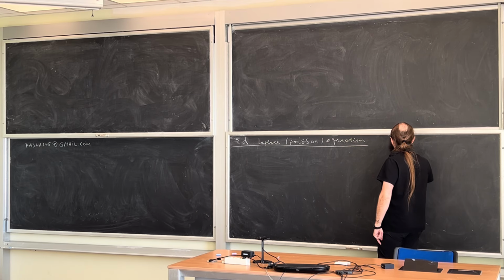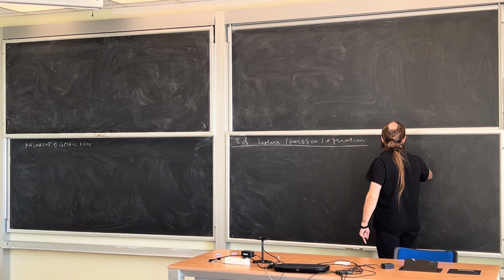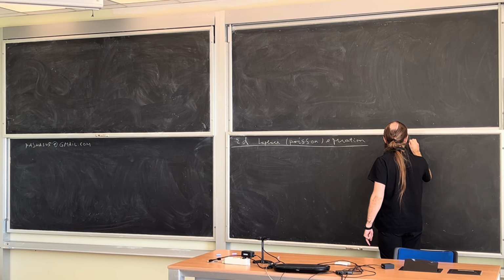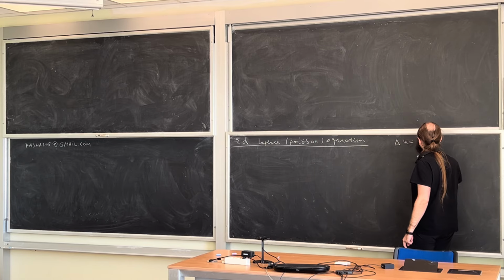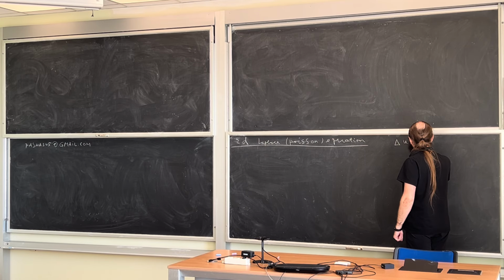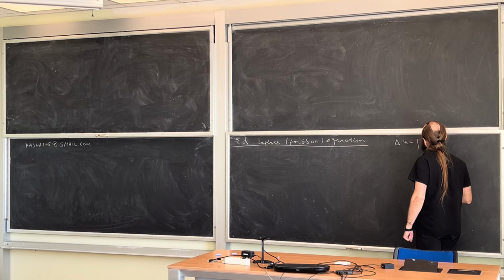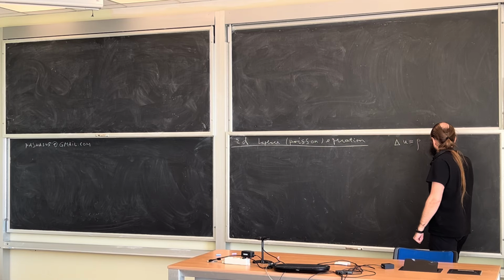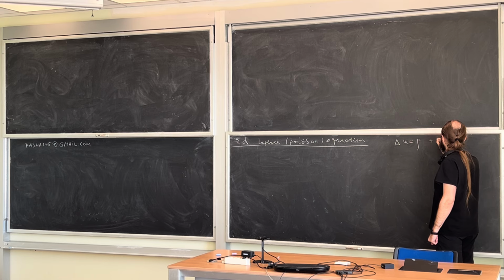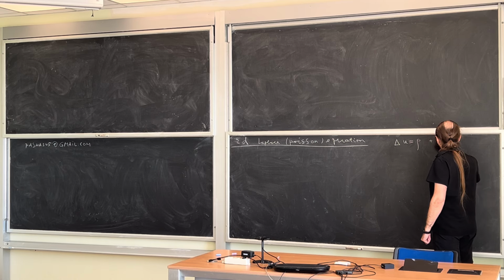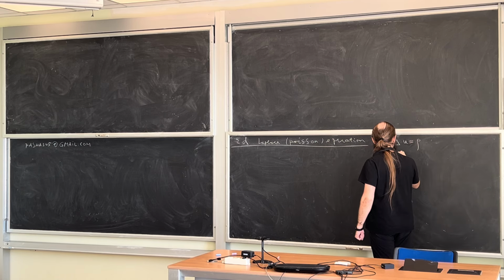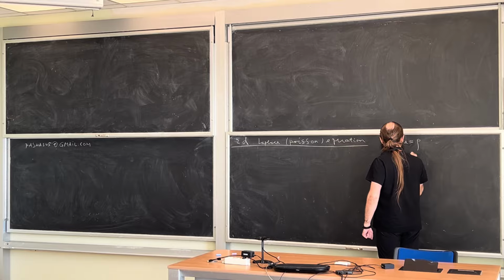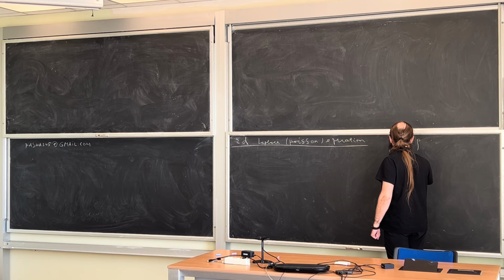It is this equation: Laplacian of u equals rho, or this rho can also be zero. And it also has some boundary conditions. Maybe let me write it like this: boundary and asymptotic conditions.